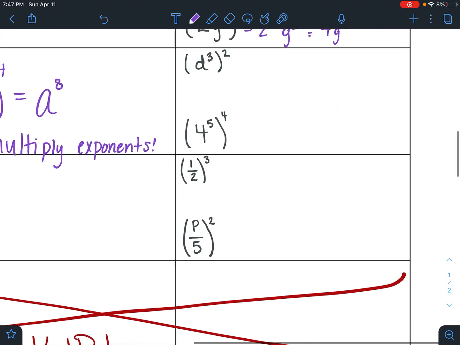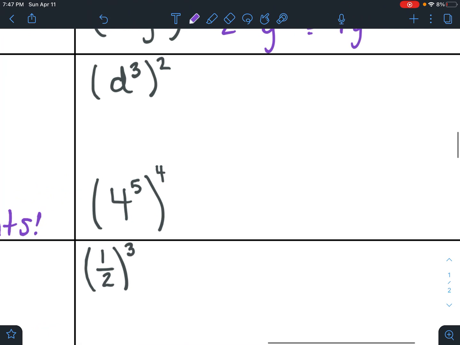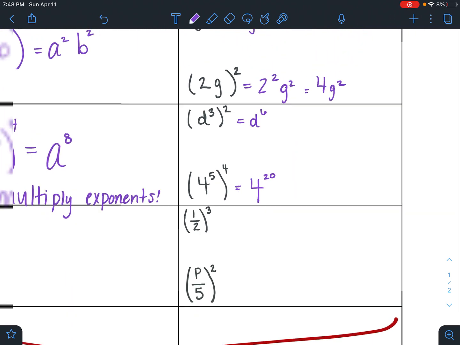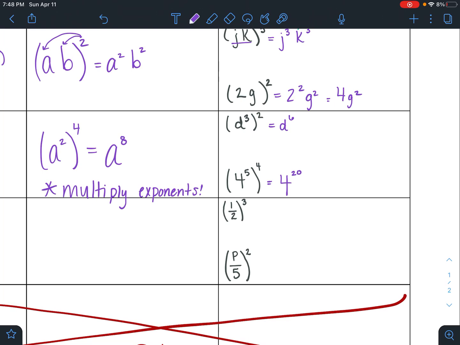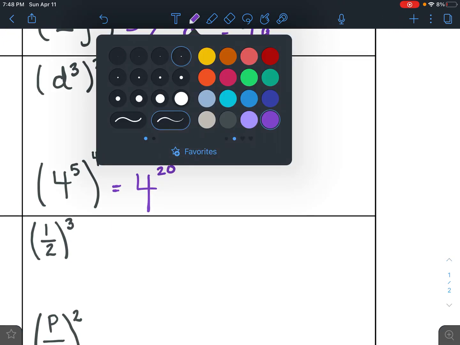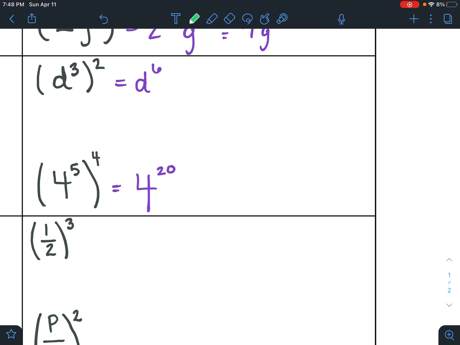All right. So here, 3 times 2, keep my base, multiply them, 6. Same thing here, keep my base, 5 times 4 is 20. Now I would show you how this kind of works out, but, oh, we could do it with the D. All right, let's do it with the D one. So I have D to the third squared.